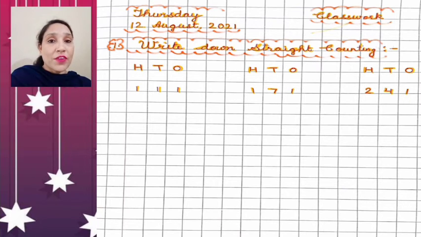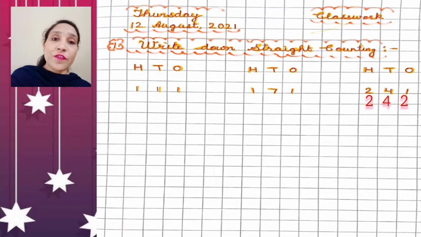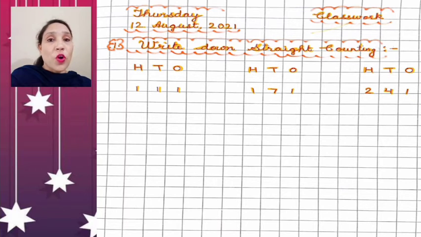Now what comes after 241? That is 242. Like this you will complete this series. And at the end of this line, you will write here 250. Write here number 250. And you have to revise counting from 1 to 250.